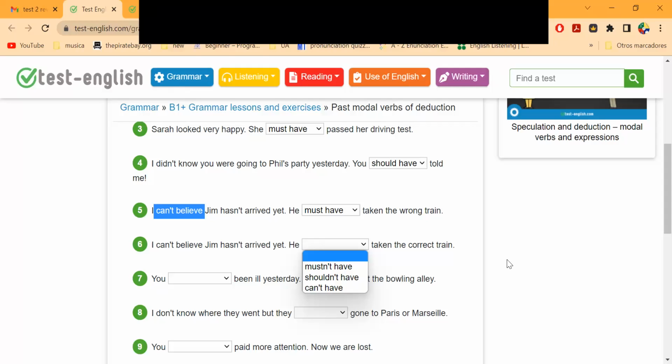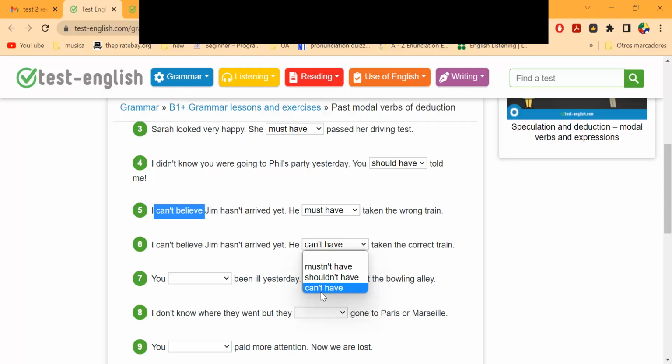Es lo mismo, pero dicho de otra forma. Recuerden que este no se usa. Se usa el must en positivo y cuando uno está seguro de algo en pasado en negativo se usa el can't. That can't have happened. No pudo haber pasado, estoy seguro.